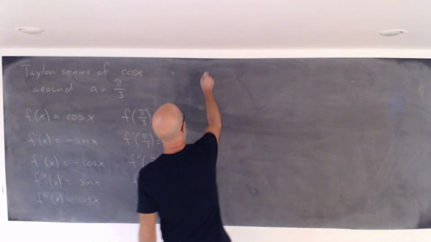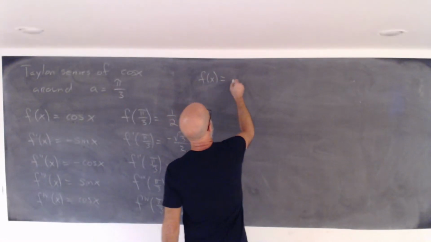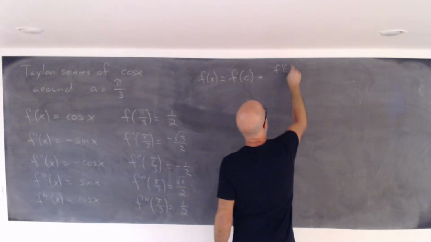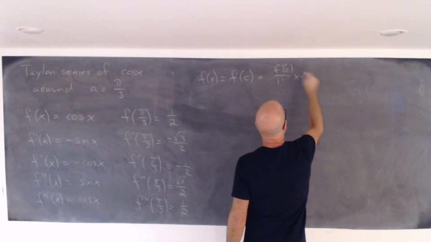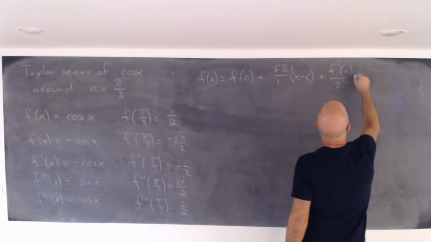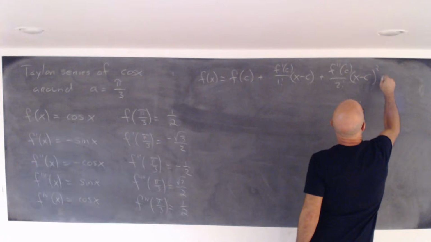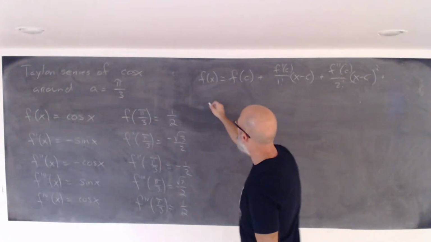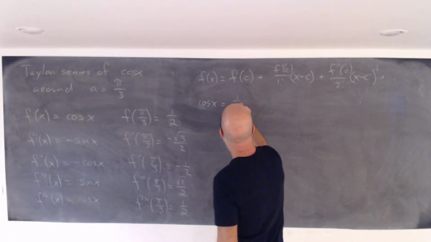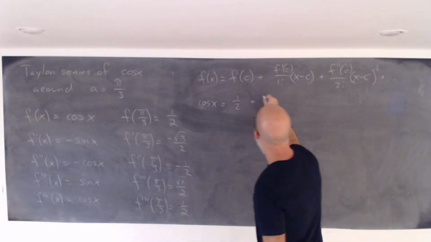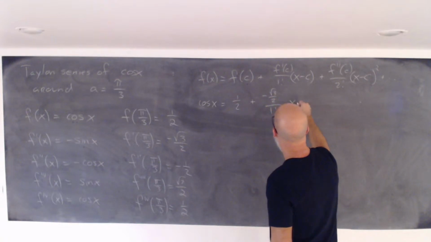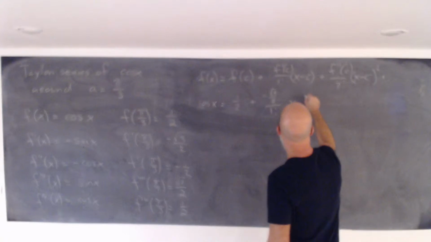So your function f of x is f of c plus f prime of c over 1 factorial x minus c, second derivative over 2 factorial x minus c squared, and so on. So in this case, cosine is 1/2 plus negative root 3 over 2 over 1 factorial x minus pi over 3.